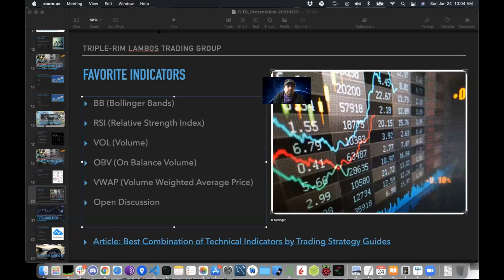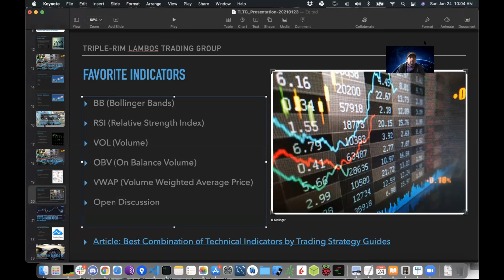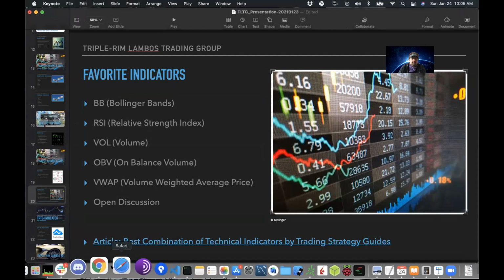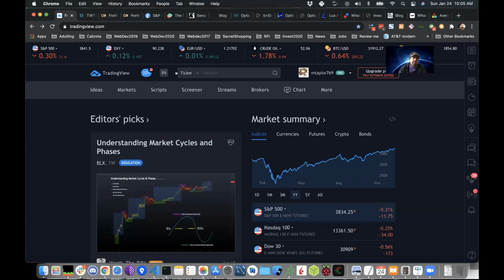Some of our favorite indicators are RSI, and you'll hear this from just about every place out there. The relative strength index is a number that describes the strength of a stock and how many people are trading it at a given time.